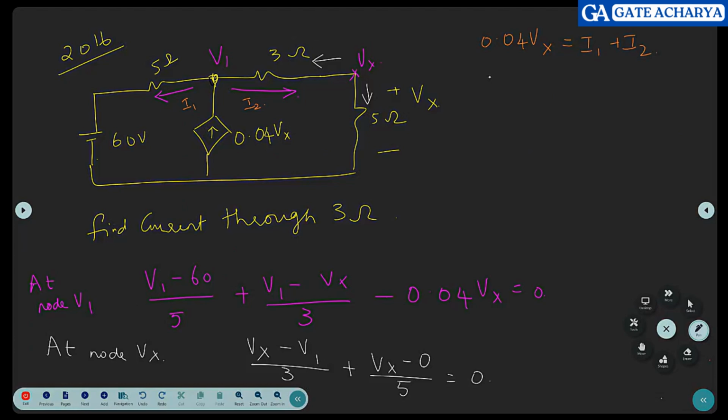What is V1? V1 will be I2 into 3 plus Vx. What is Vx? I2 into 5. So I've got these equations. Does it help in solving it, or does it become simpler? And what is this 5 ohms?